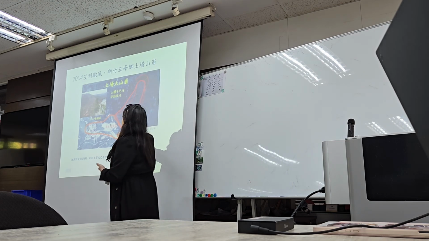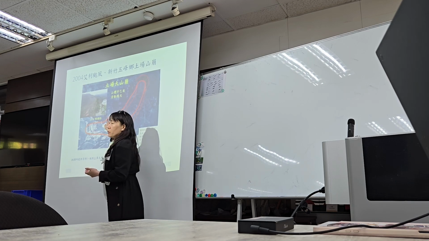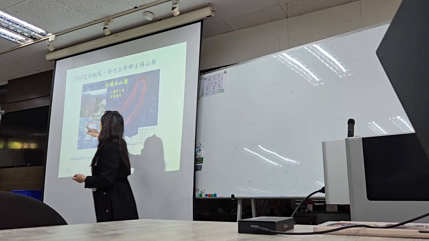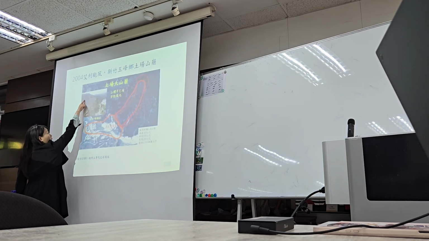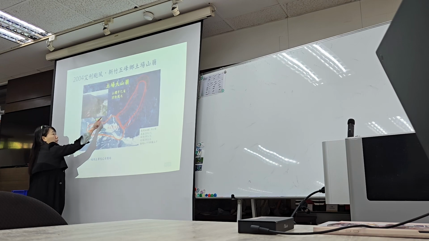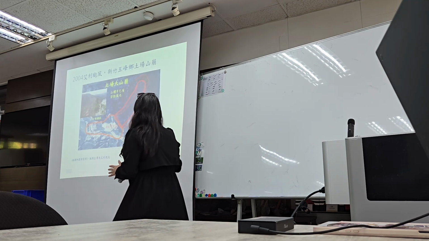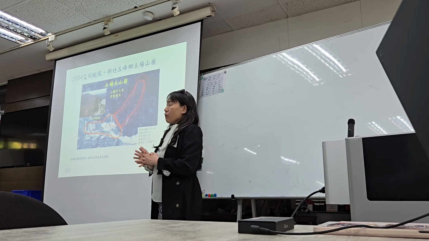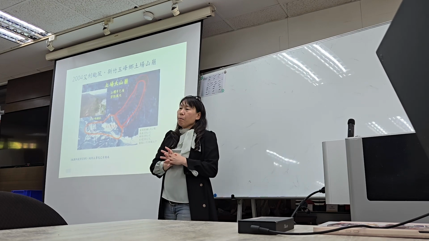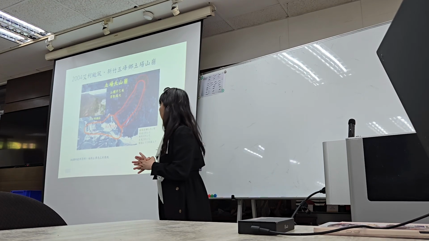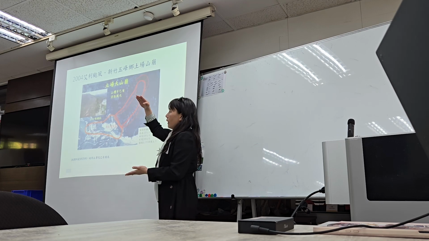And here is the part of the deposition of the landslide. If you take a close view like this, you can see very well. The landslide area is about 5.8 hectares.